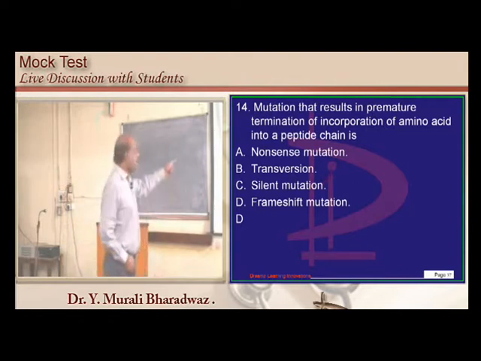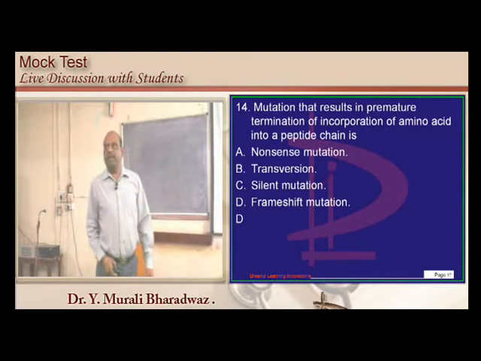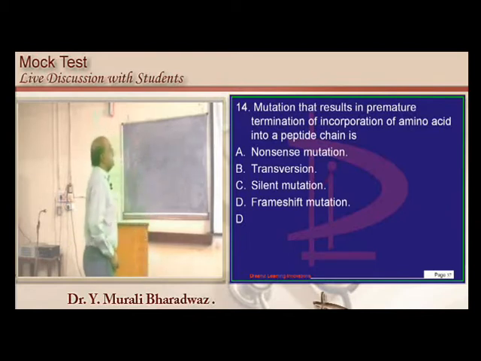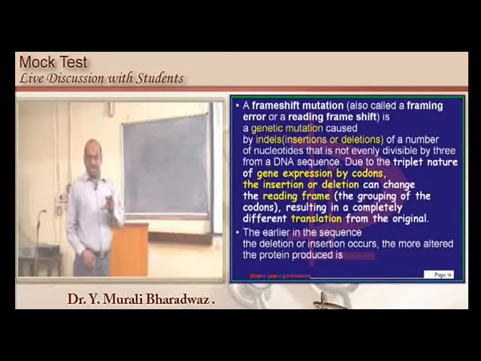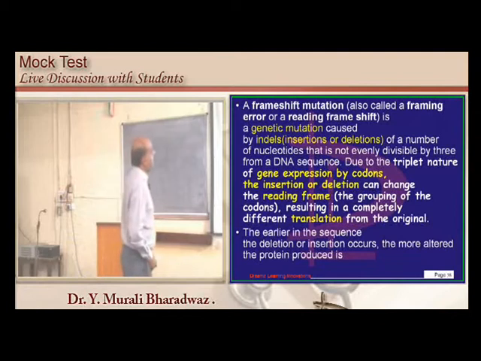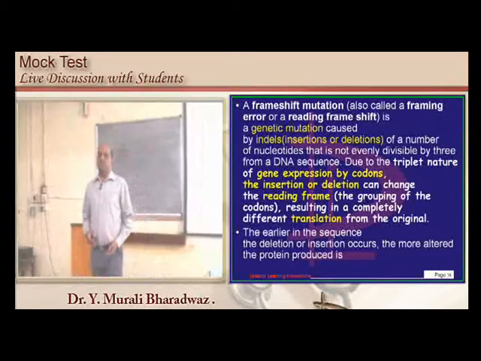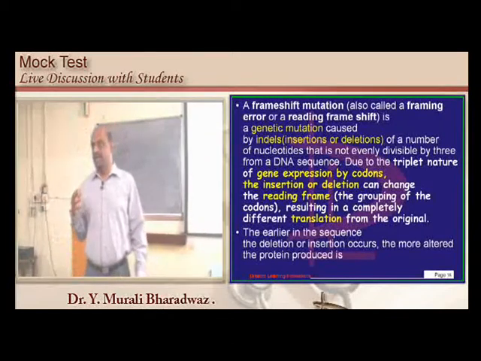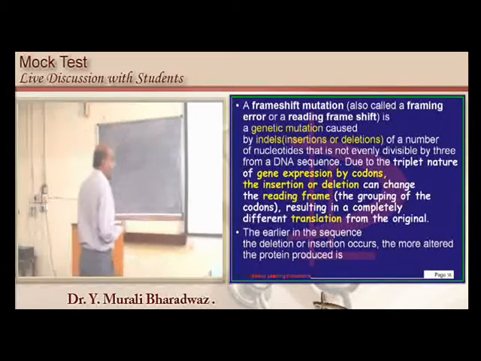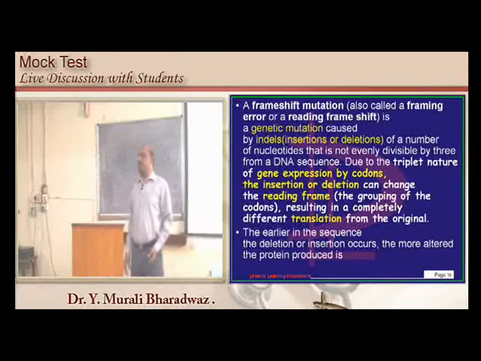But what happened to that nucleotide? Either it got newly inserted or it got deleted. That is the reason it is the insertion or deletion which is changing the reading frame, which makes it a Frameshift mutation. One of the common disorders where Frameshift mutation is involved is Tay-Sachs disease, which you need to remember. That can be the question in tomorrow's exam.